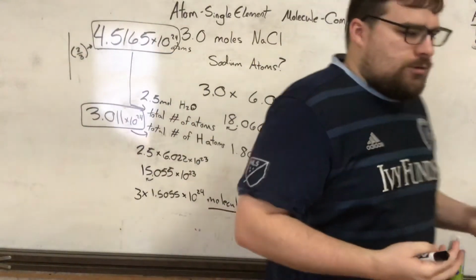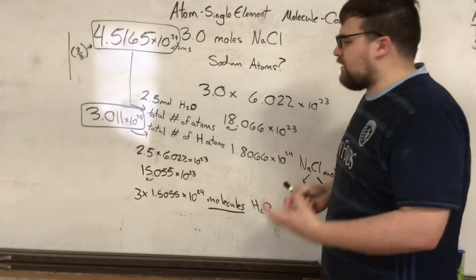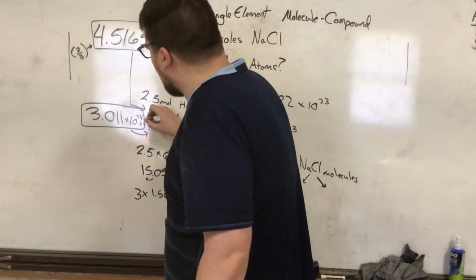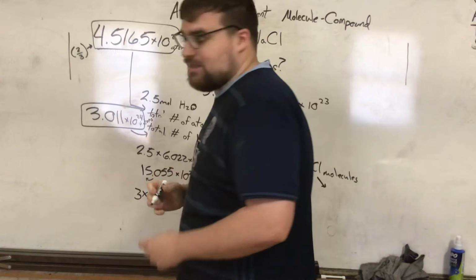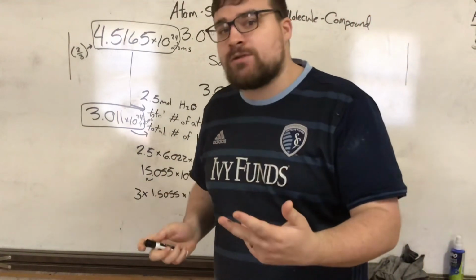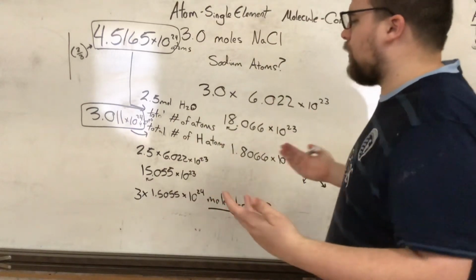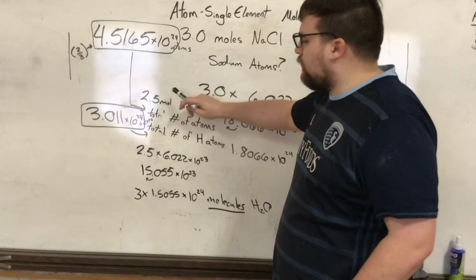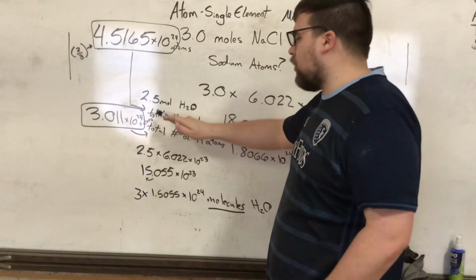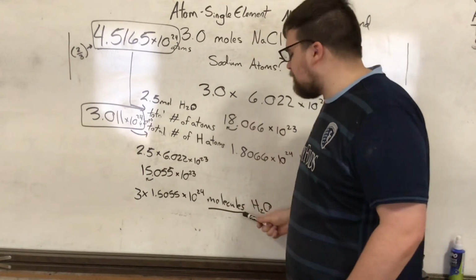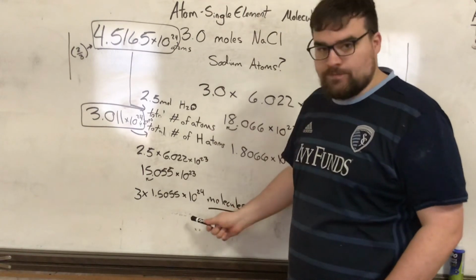So really, a lot of this is about thinking, what is the makeup of what I'm working with? Is it asking me for molecules, or is it asking me for atoms? How does that work, right? What do I gotta do? So again, we multiply the number of moles times Avogadro's constant to figure out how many molecules there were.